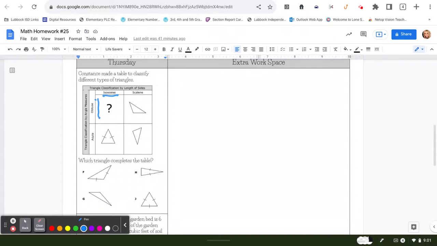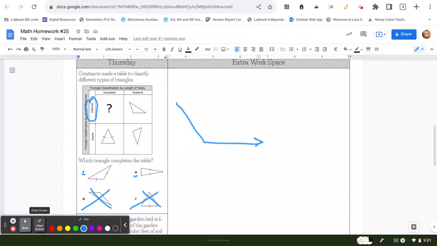Well, I know immediately I can get rid of J because I see that all 3 sides are equal. And I can get rid of G because I see that none of the sides are the same. Okay? So I need to look at F and H. Both of these are isosceles. Now, what is obtuse?